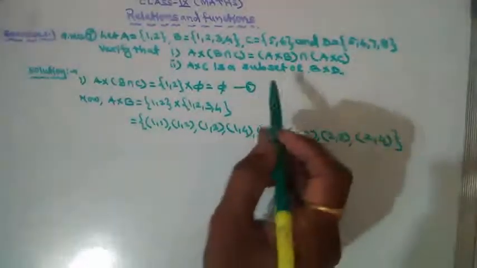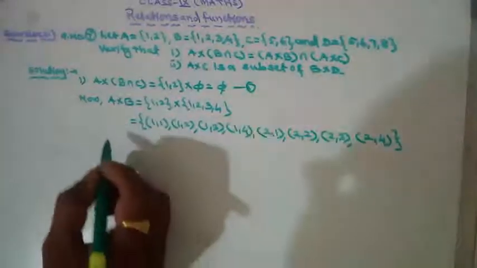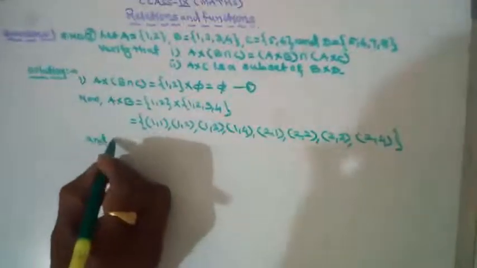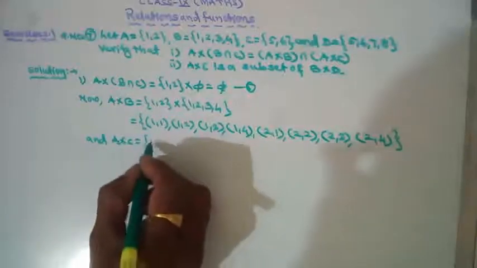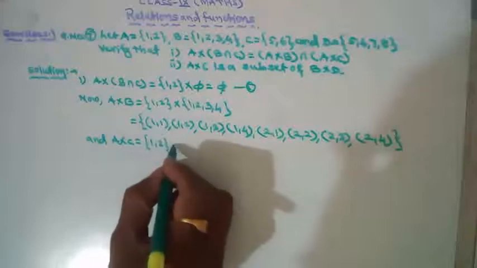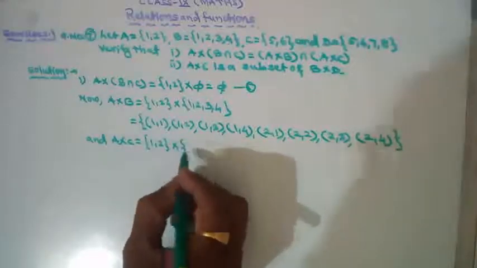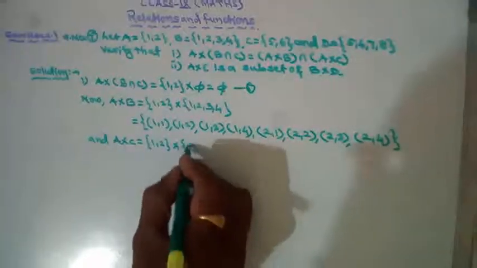Now similarly find out A cross C. What is A? A is {1, 2} cross C. C is {5, 6, 7, 8}.